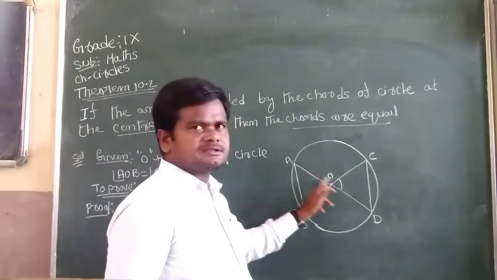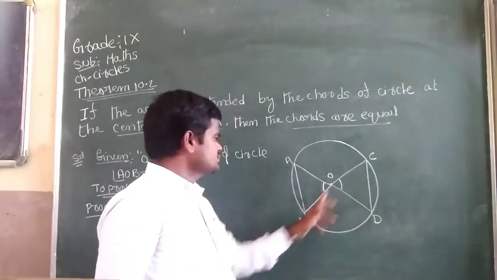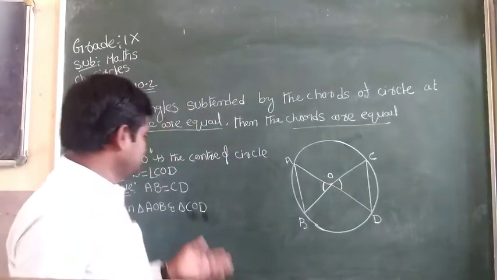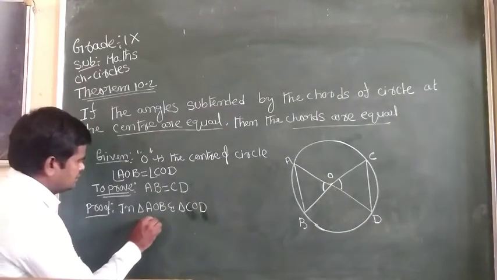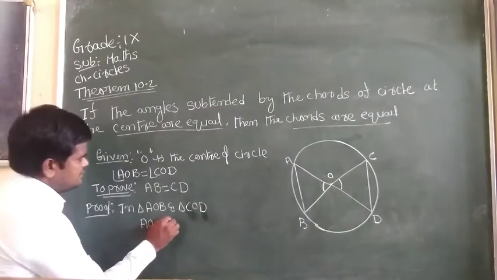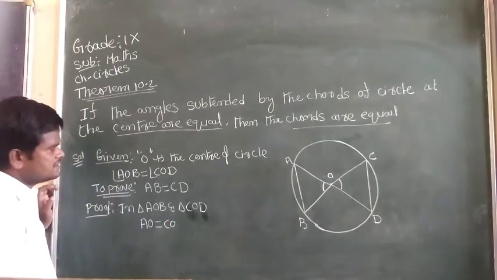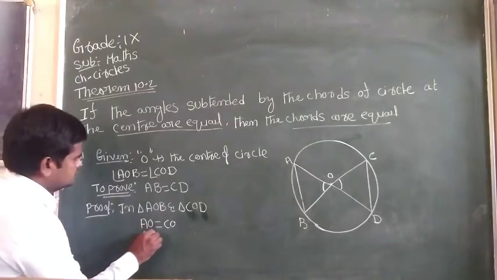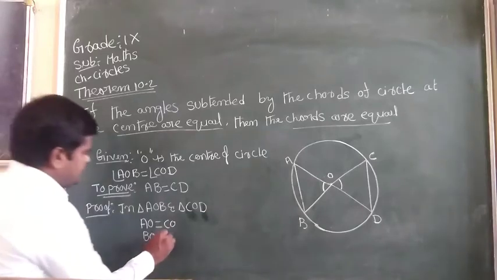AO is a radius, CO is a radius, OD is a radius of the circle. OB is also a radius of the circle. You can take any one, there is no problem. So AO equals CO and BO equals DO.